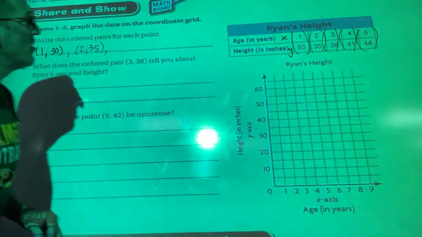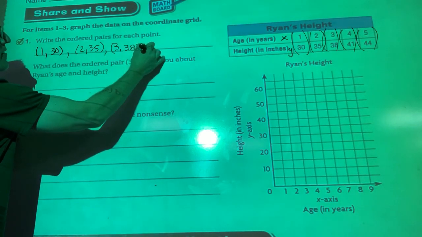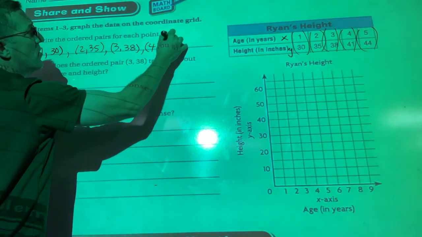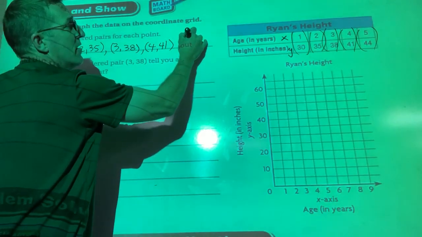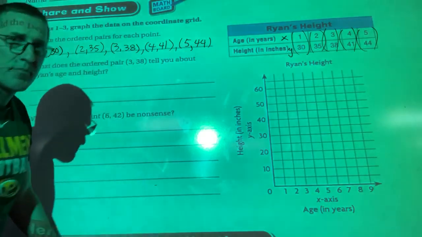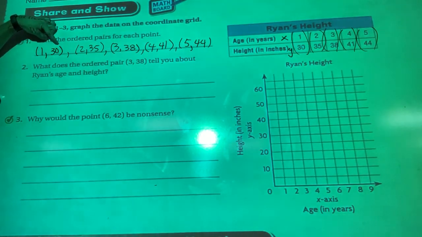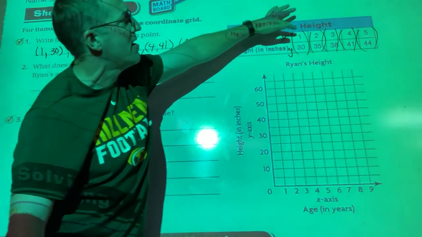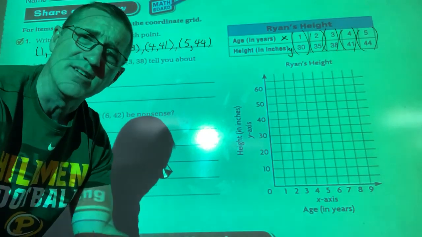So I have 3, 38. I've got 4 and 41, so at 4 years old, he's 41 inches tall, and when he's 5, he's 44 inches tall. So I just write my ordered pairs, X, Y, in our little parentheses here. 1, 30, 2, 35, 3, 38, 4, 41, 5, 44, just like they are here. We're just putting them next to each other so it's easy to look at.